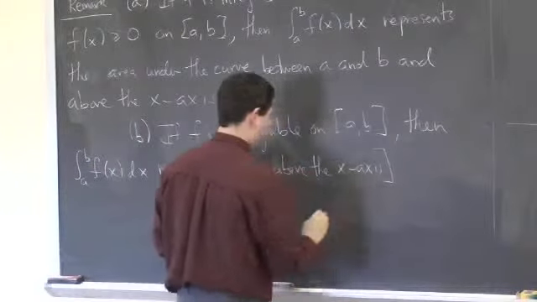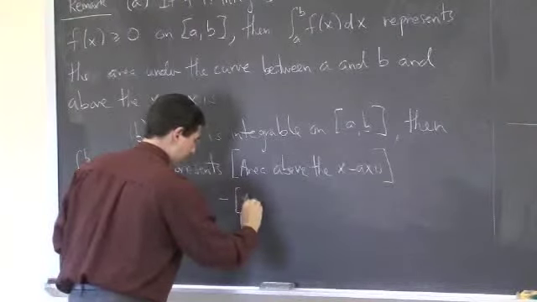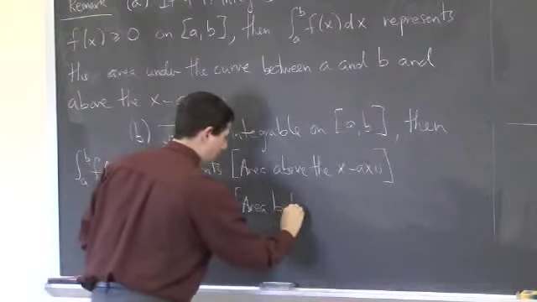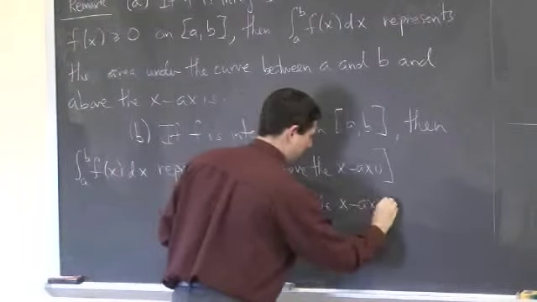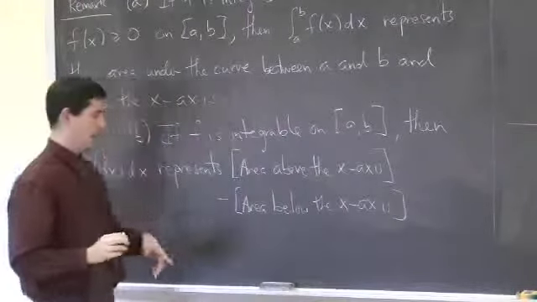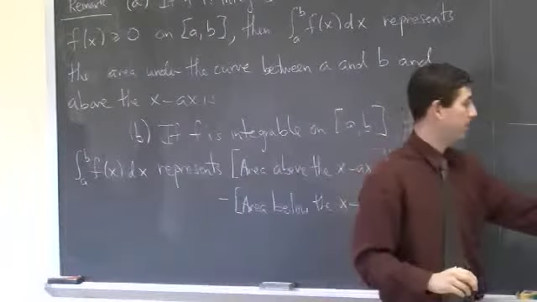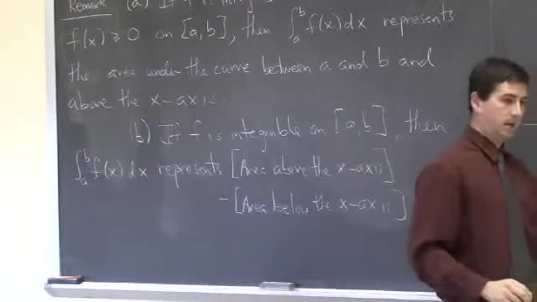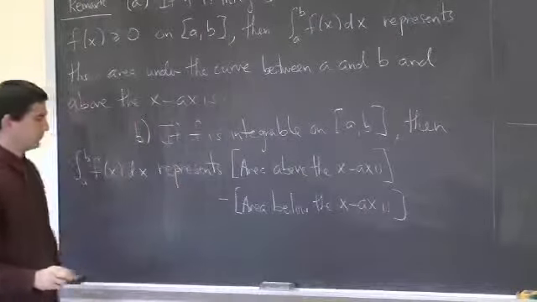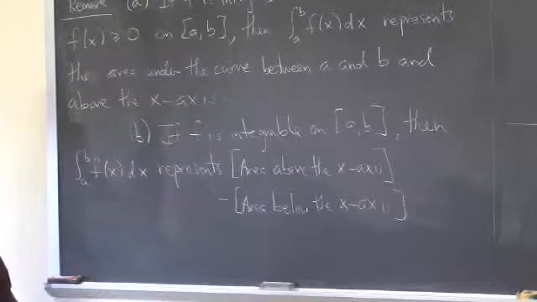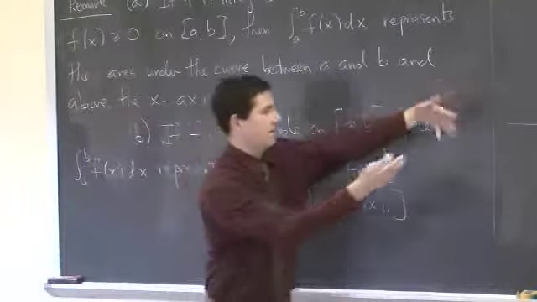So it's the area above the x-axis minus the area below the x-axis. And again, area below the x-axis means area above the curve between A and B and below the x-axis. And of course, this number could be 0, for instance. Right? They could just cancel each other out.